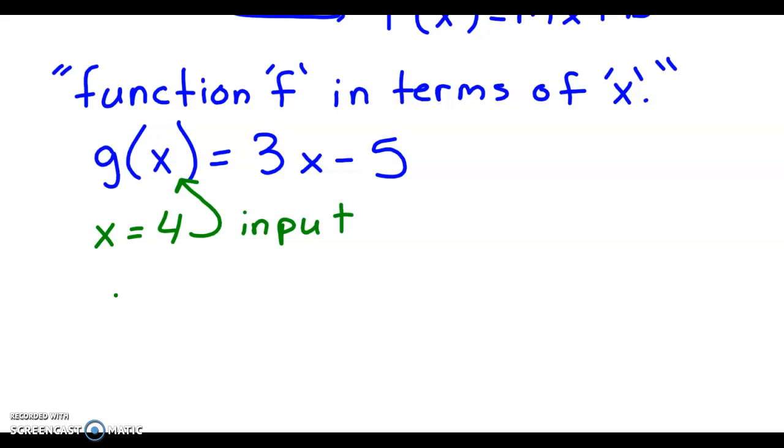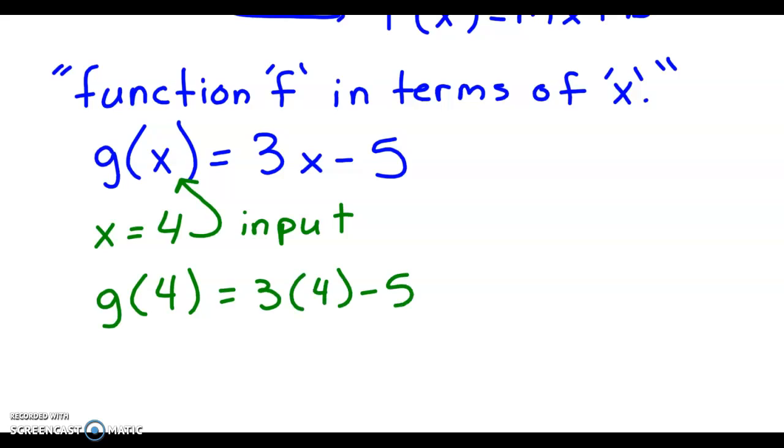Now your g of 4 would be equal to 3 times 4 minus 5. They're just telling you to replace the x with 4. They're just saying when x equals 4, find out what comes out of that equation.